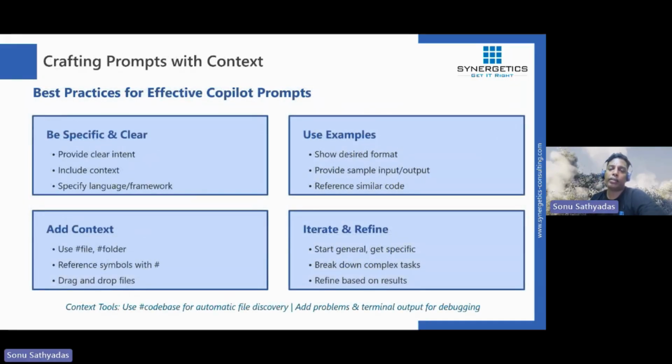But before that, you also need to understand crafting the prompt. What is meant by a prompt? In the beginning, I clearly mentioned that a prompt is the text input that you provide to the generative AI models. Based on the generative AI models only, it is going to perform the operations.